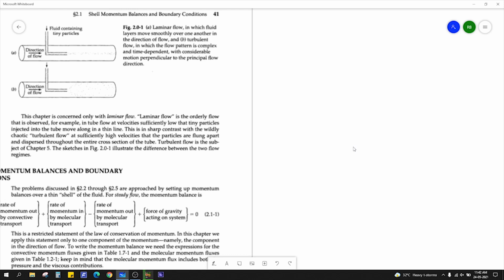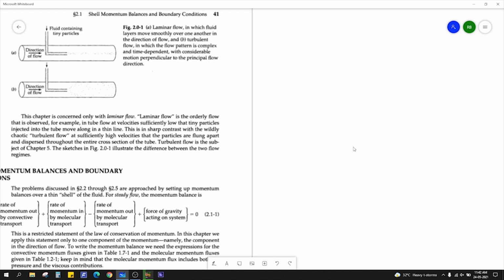Okay, so as I told you earlier, there are different levels of study: macroscopic, microscopic, and molecular level. So you can say here we are doing basically microscopic analysis. Fine.